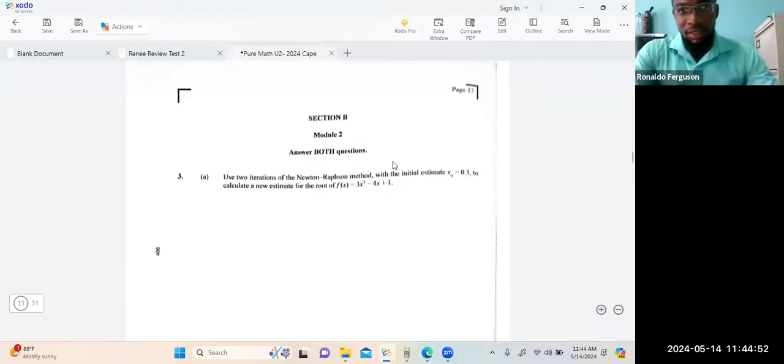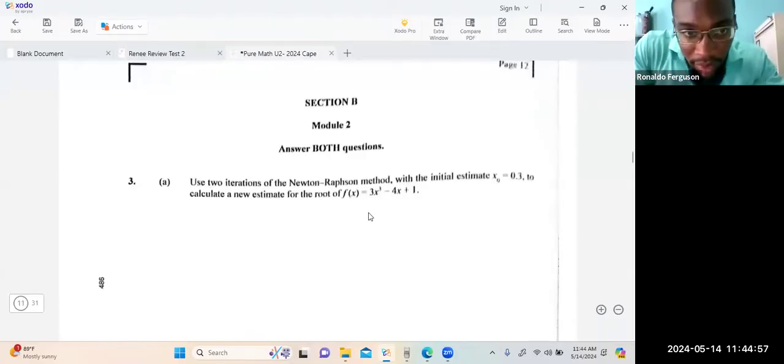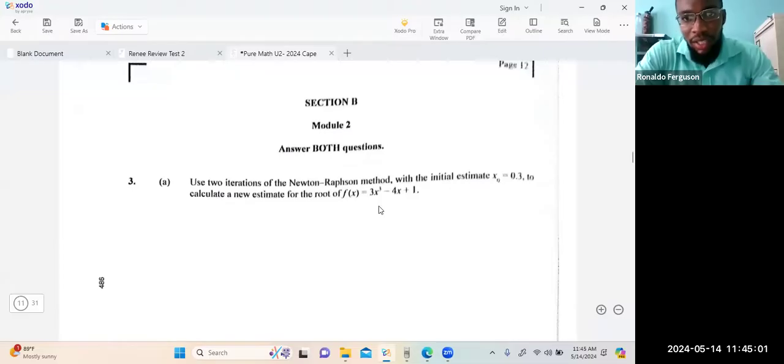All right. Use 2 iterations of Newton-Raphson with initial estimate x0 being 0.3 to calculate a new estimate for the root of f of x equal to 3x cubed minus 4x plus 1.